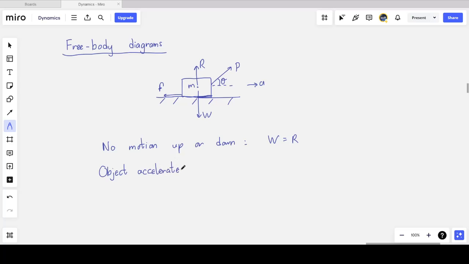Everything in physics requires us to set up equations so that we can understand mathematically what's happening. When we understand mathematically what's happening, we can then translate that back to a conceptual understanding of the problem.